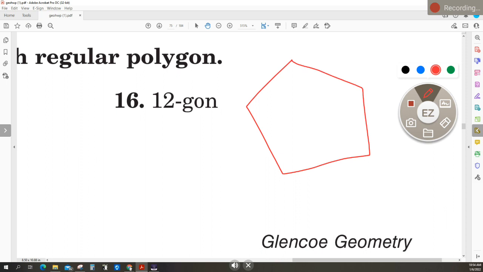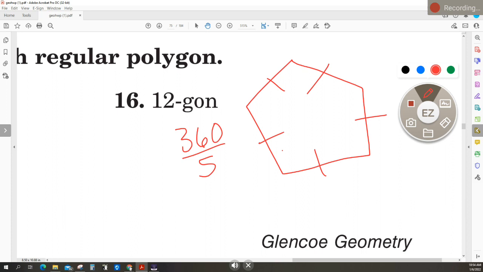Right? And we know that the outside of the pentagon is 360. And we know it's a regular pentagon because all these sides are the same. And so we do 360 divided by 5, and that gets me what an exterior one is. What is that? Somebody do 360 divided by 5 for me.